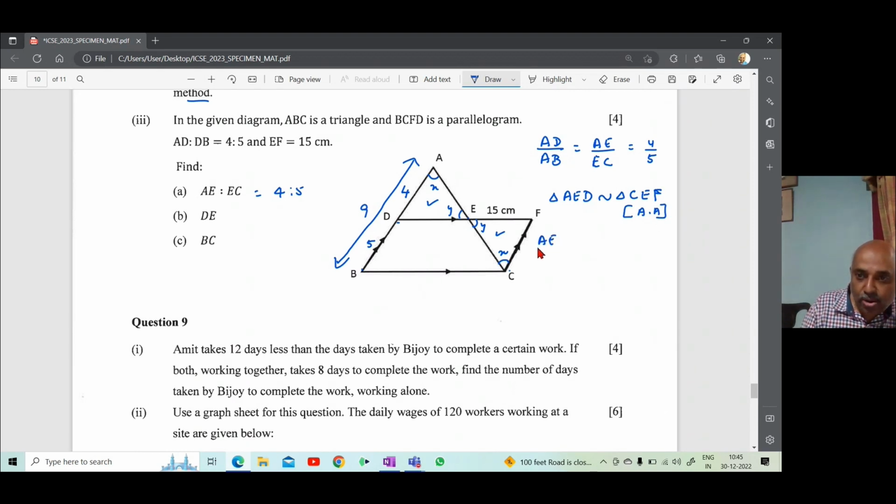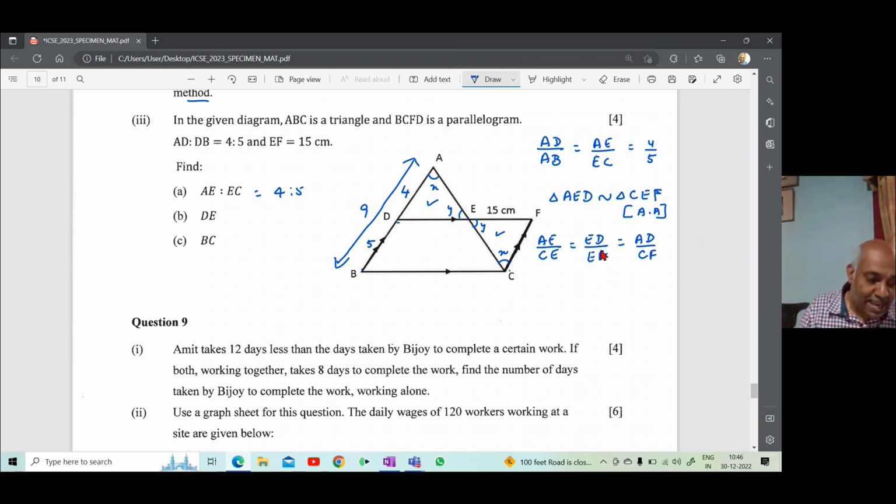Therefore, AE over CE will be equal to ED over EF will be equal to AD over CF. Because since the two triangles are similar, their corresponding sides are proportional. So AE over CE is equal to ED over EF is equal to AD over CF.